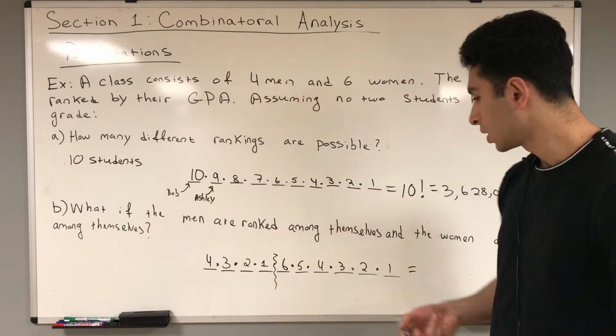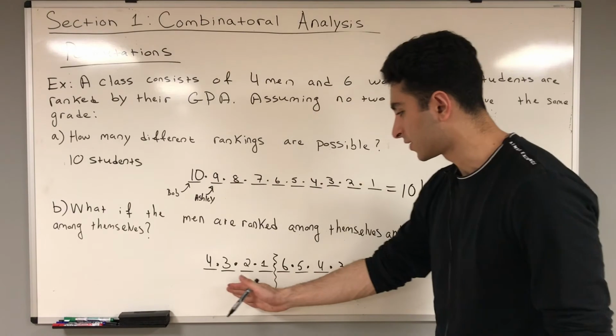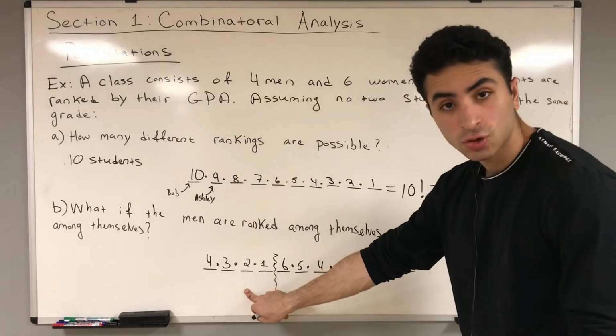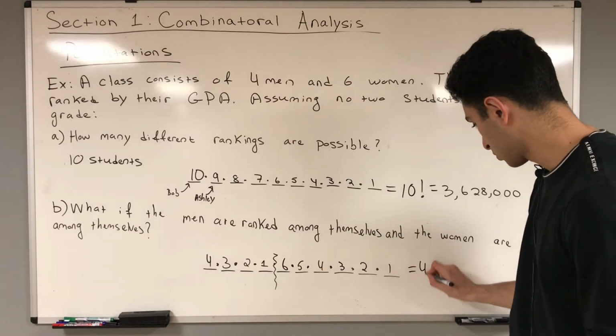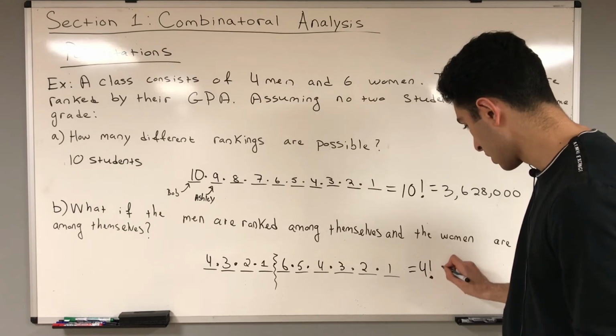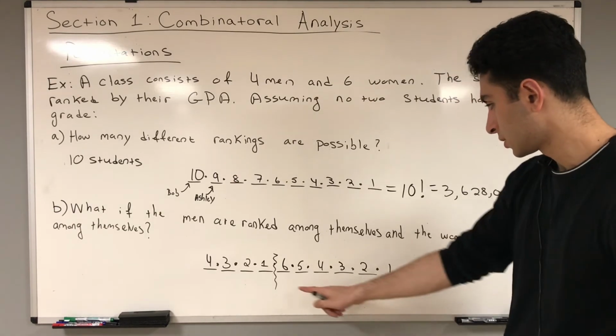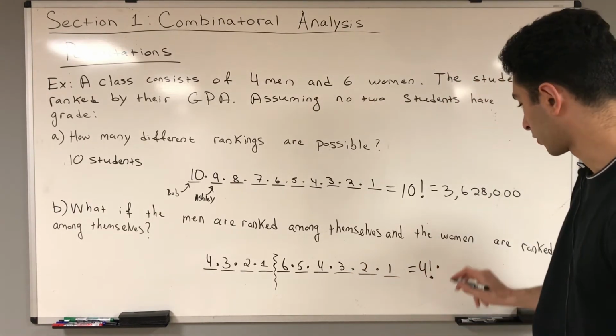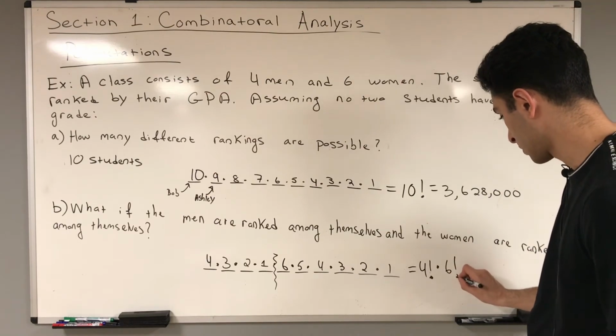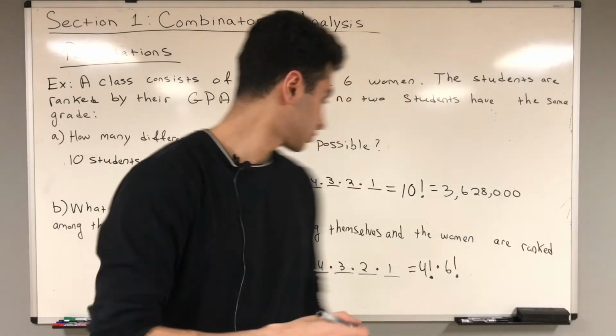You get a number. But before I do that, I just want to illustrate that this is 4 factorial times 6 factorial, right?